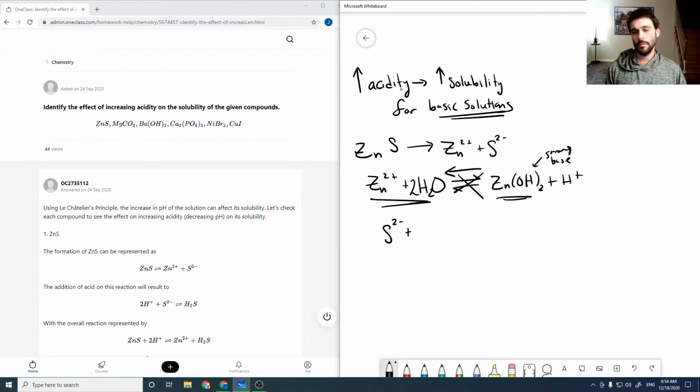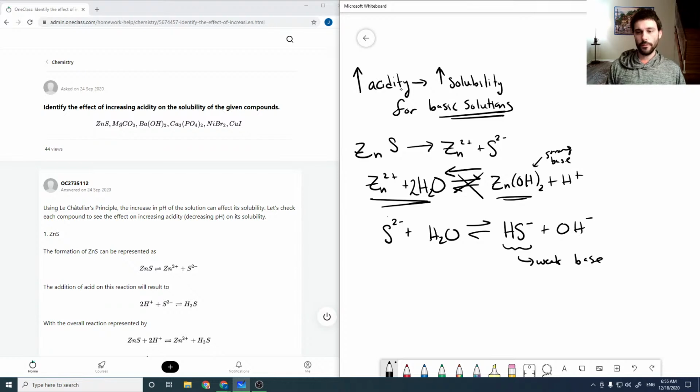S 2 minus plus water goes to HS minus plus OH minus. In this case, we actually have a weak base, meaning that this is also a weak acid. And so this reaction should go, and we would have a weakly basic solution.